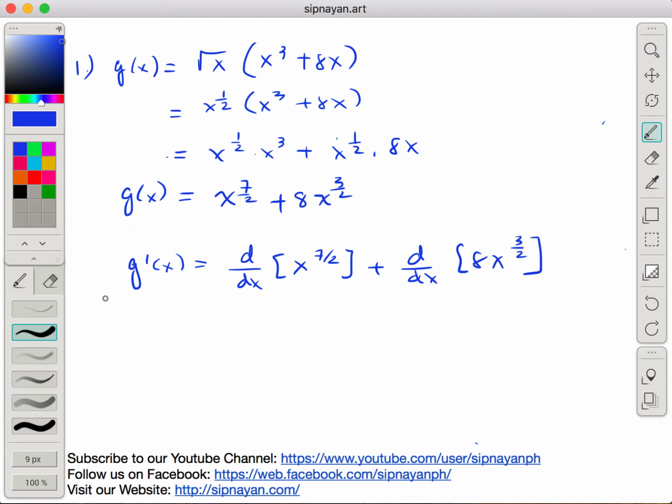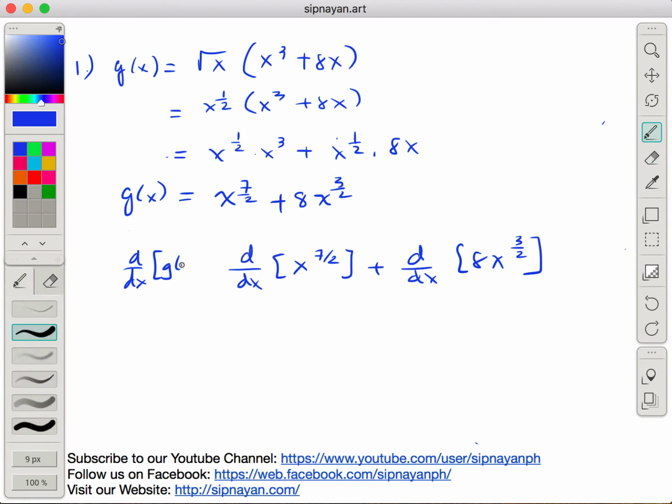Na napansin nyo, this is the Lagrange notation, no? Gawin natin kay Leibniz para pareho. So, dg over dx of g of x. Pero there are books who mix the two notations, no? So, I think that was also okay.